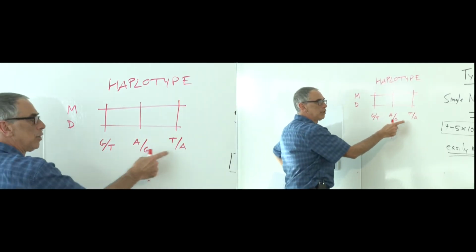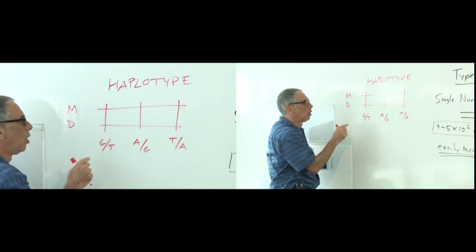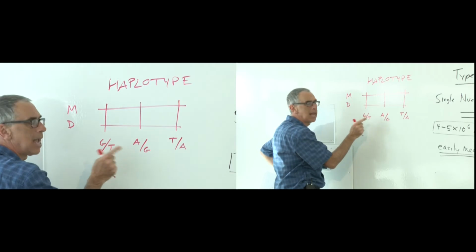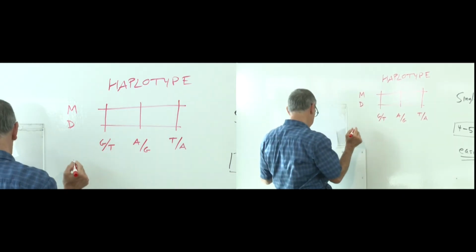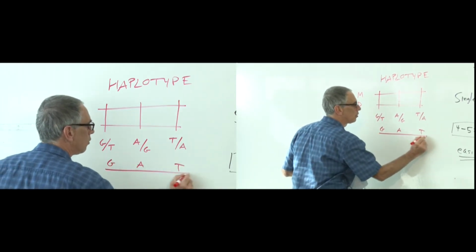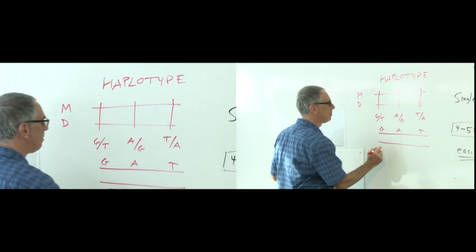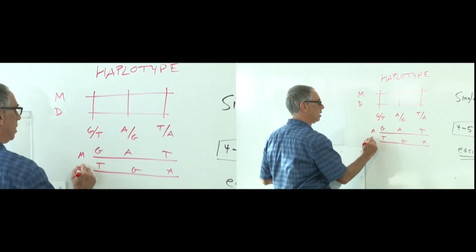This is interesting and good to know, but it is not sufficient to tell which of the SNPs came from which of the parents. So for example, mom may have given you GAT on her chromosome, and therefore dad must have been the TGA, mom, dad.